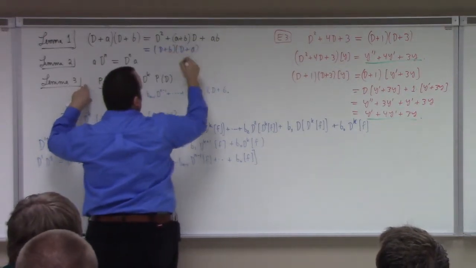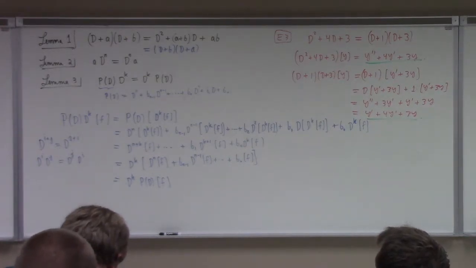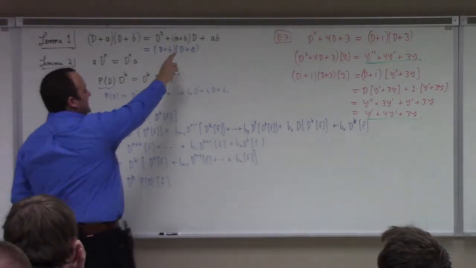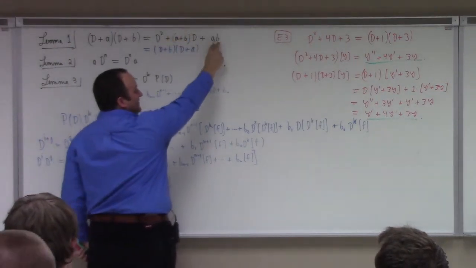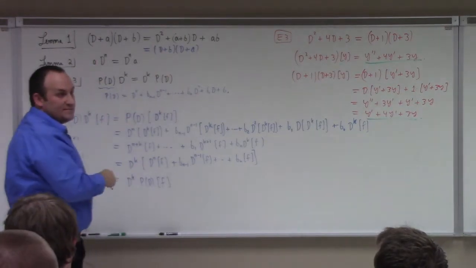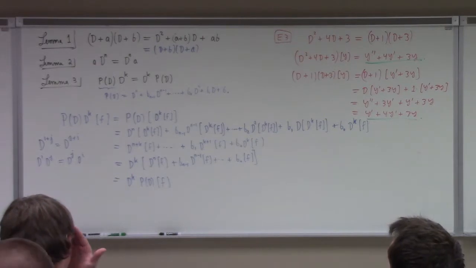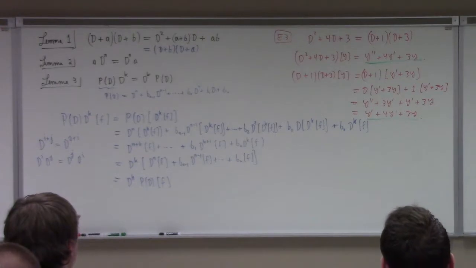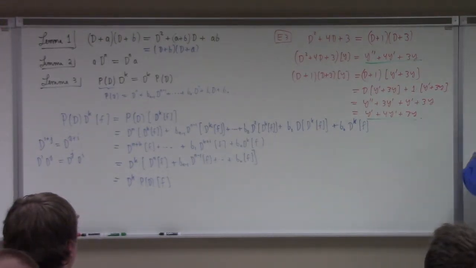These kinds of operators commute, because I can switch a and b here: a plus b is b plus a, a times b is b times a, which gives me that. Everybody with me? All right. I hope I have done enough that what I'm about to do will make sense.